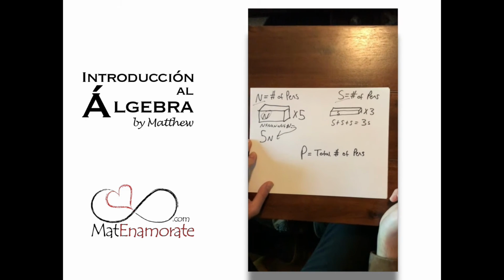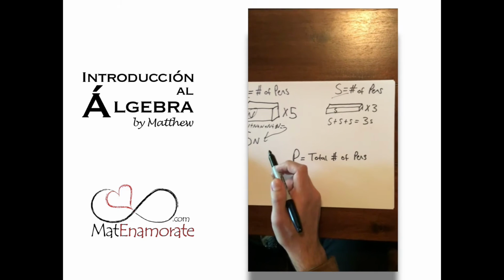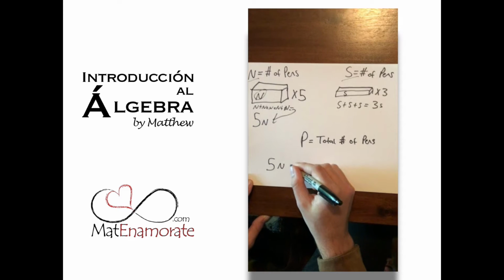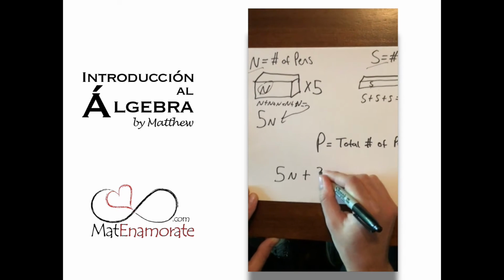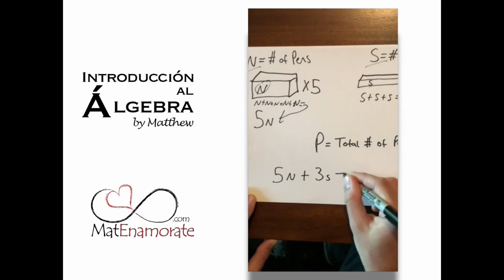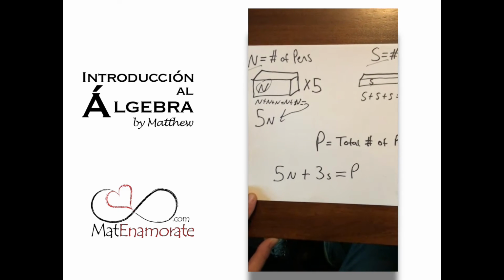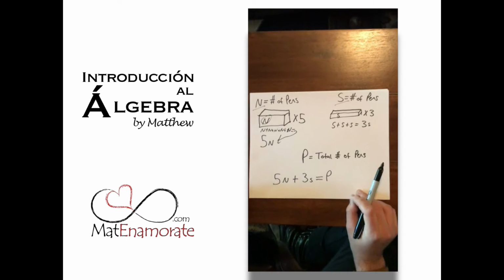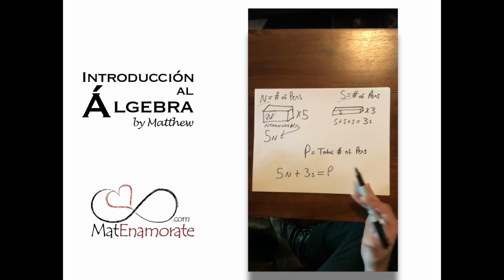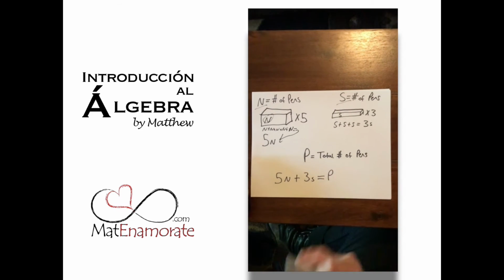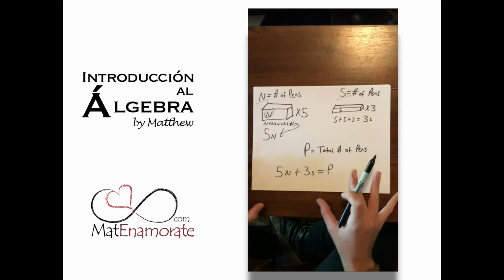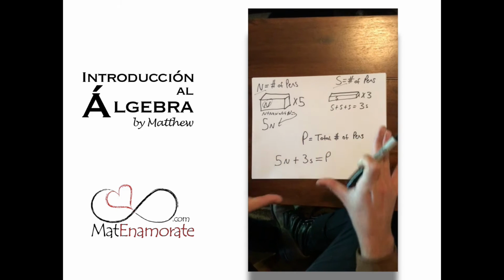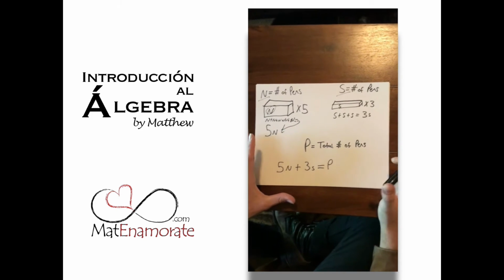And to do this, we're going to take 5n and add 3s, and that will equal P. I know this might be a little complicated and a little complex, but I have another activity that might help you understand and visualize this concept more easily.